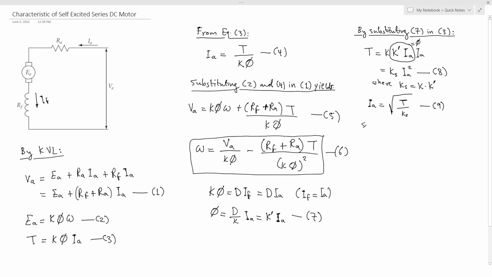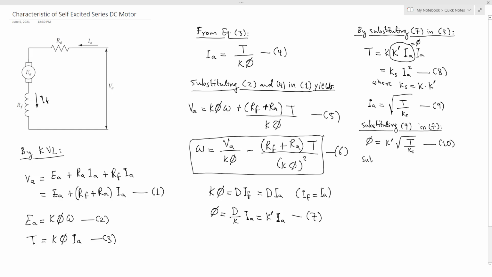So substituting 9 in 7, phi will equal K prime multiplied by the square root of T over KS. Let's say this is equation number 10.